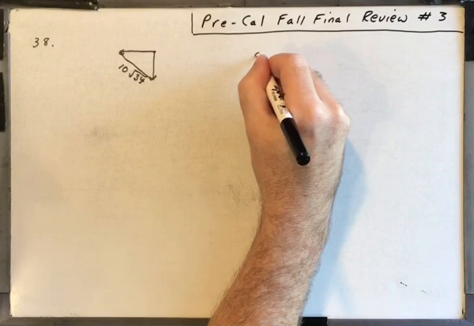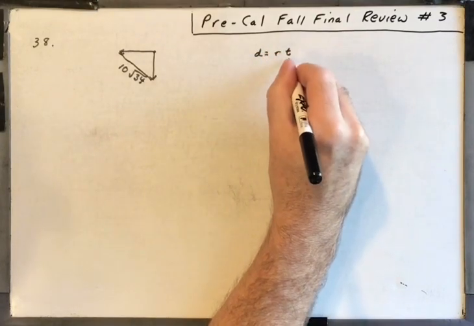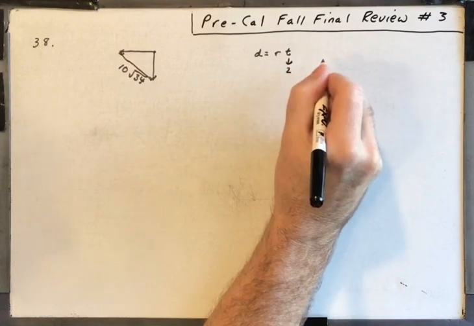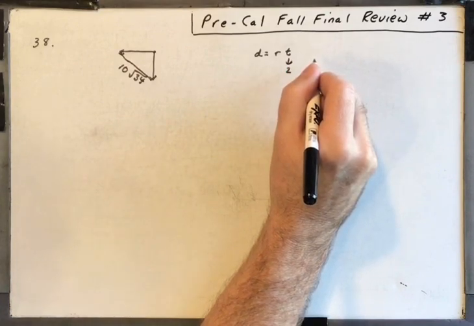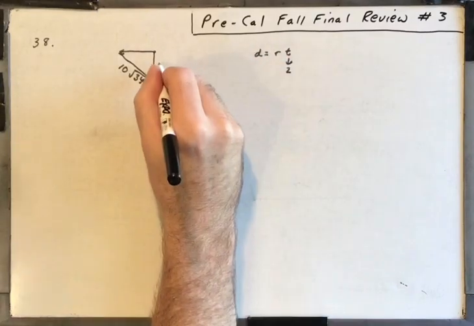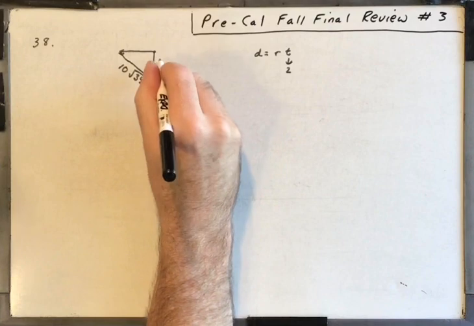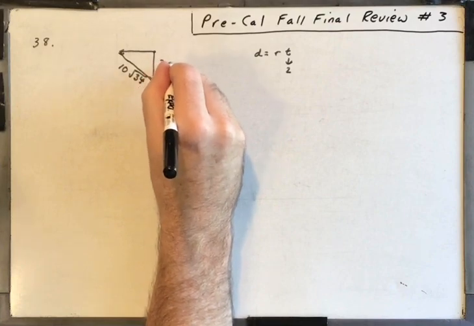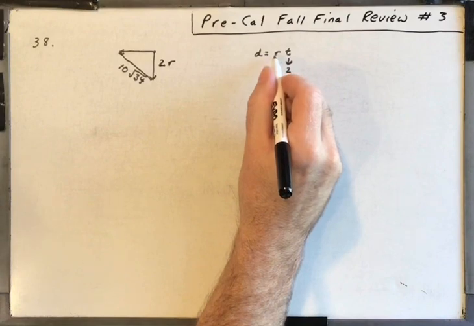Now we know this is a distance is equal to rate times time problem. And the time is 2 hours. Okay? So the southbound scooter would just be distance is equal to, so this, again, this triangle we're putting into a distance, 2 times r. All right, remember the time is 2 and r.